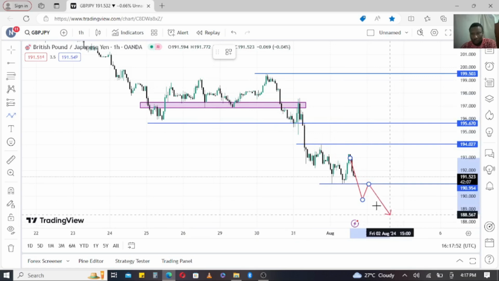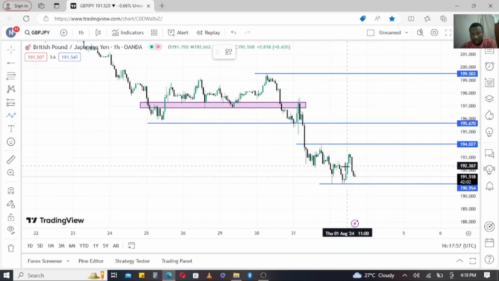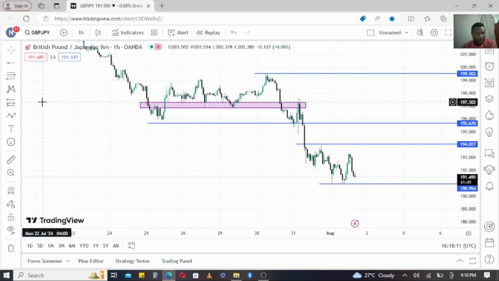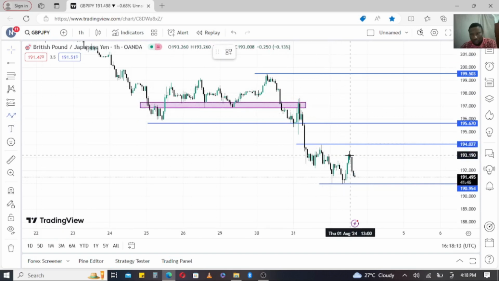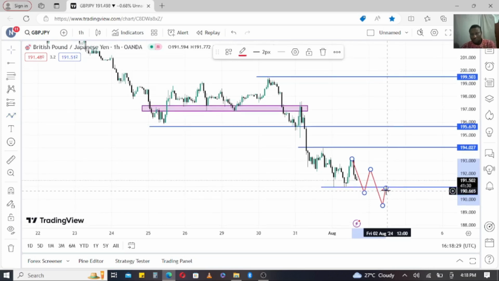Or the market can be expected to just come back here, do this, back again, and give us a double bottom.